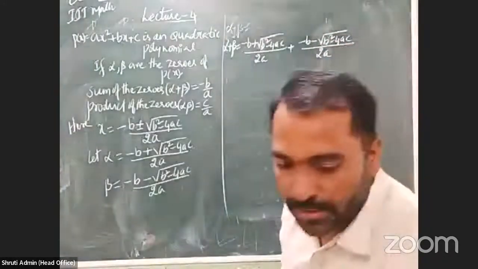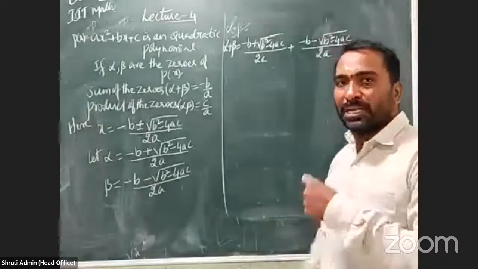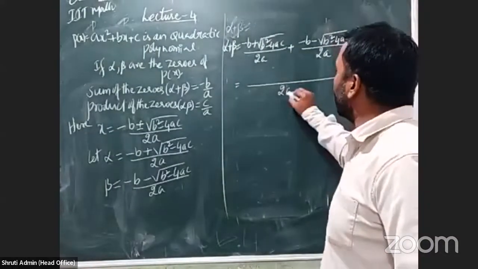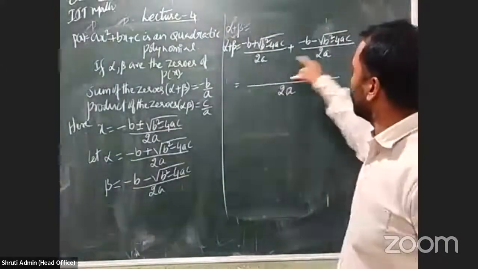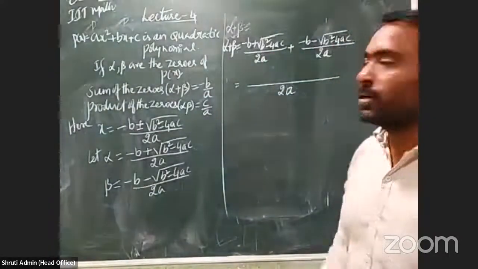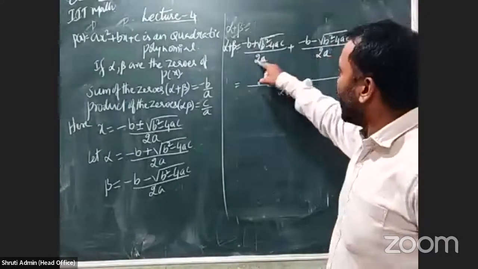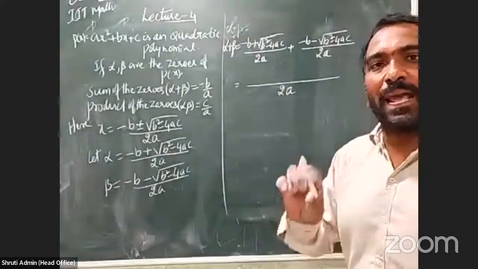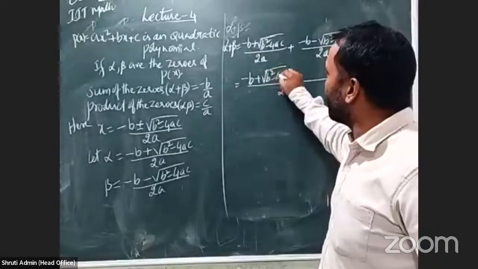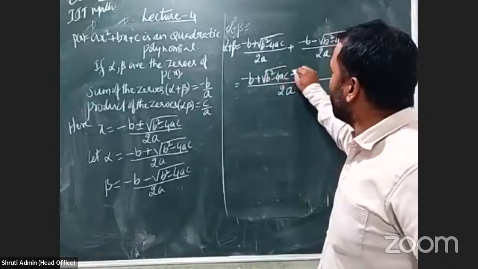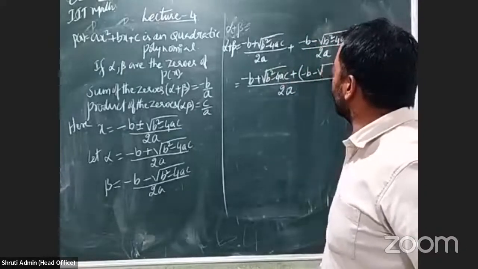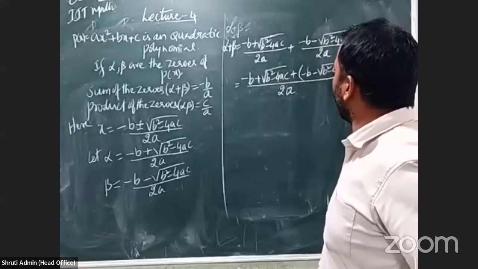Now if you see the denominators, the LCM is 2a only. Both the denominators are 2a, so the numerator will be written as it is: minus b plus root b square minus 4ac plus minus b minus root b square minus 4ac.